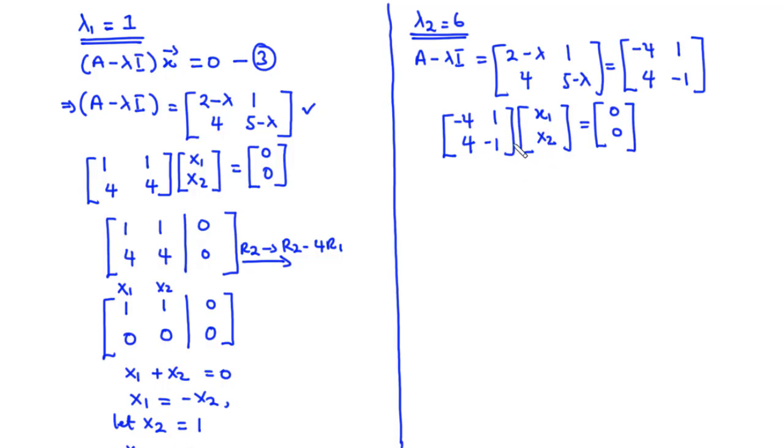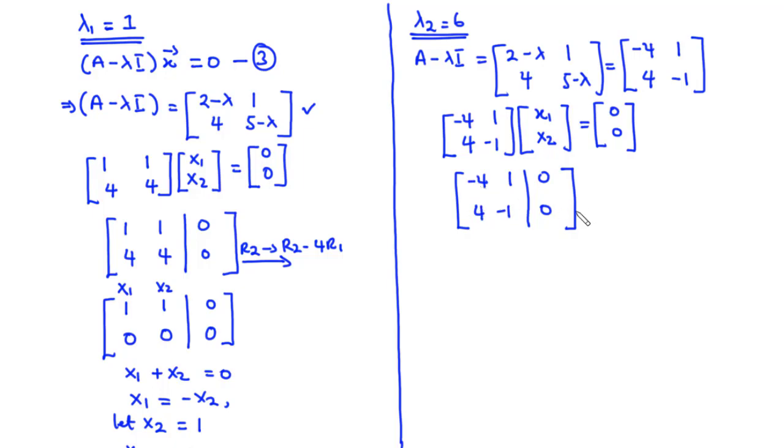So at this point, we convert this system of equations to an augmented matrix. So we have negative 4, 1, 0, 4, negative 1, 0. Now let's perform elementary row operations on this augmented matrix to convert that to the row echelon form.